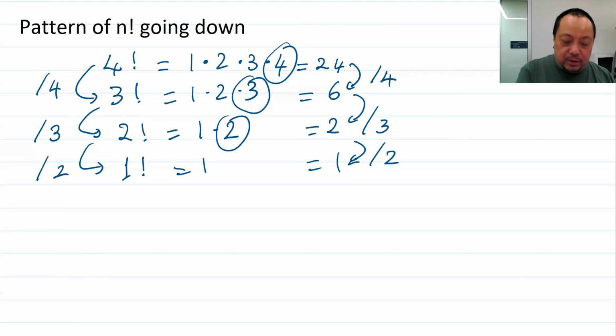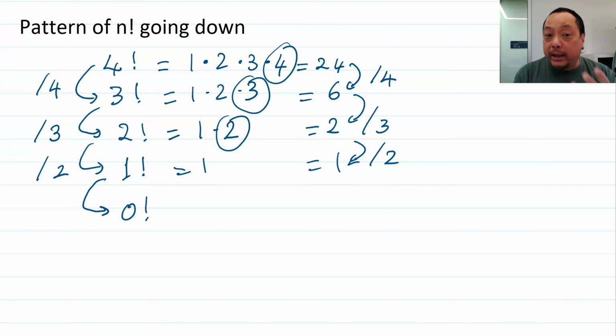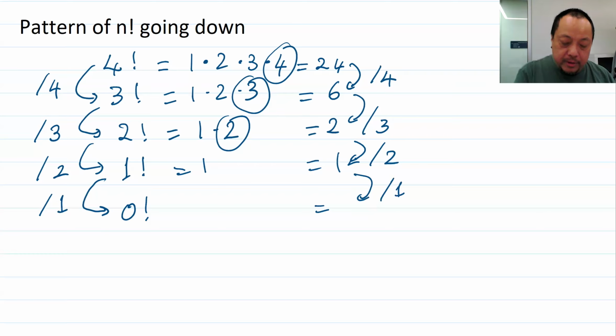And yes, it is equal to the previous factorial divided by it. If I continue the pattern and I go down to 0 factorial, between 1 factorial and 0 factorial, I should divide by 1. And 1 divided by 1 is equal to 1. So 0 factorial should be equal to 1 if I follow this pattern.